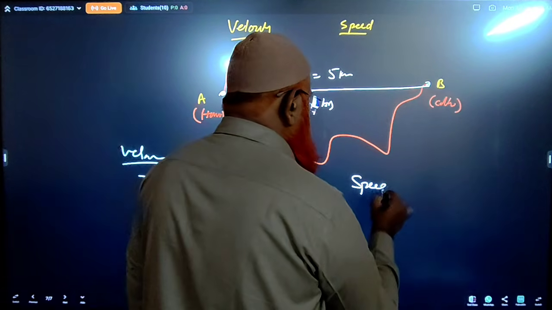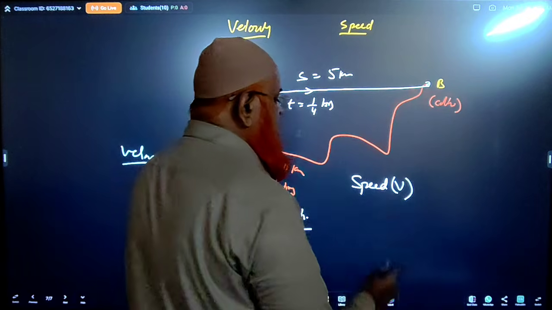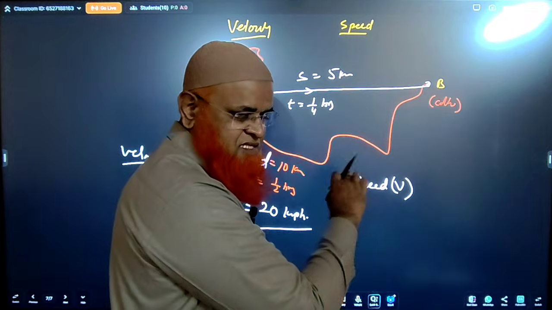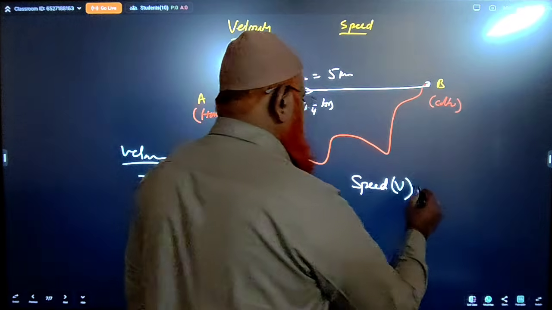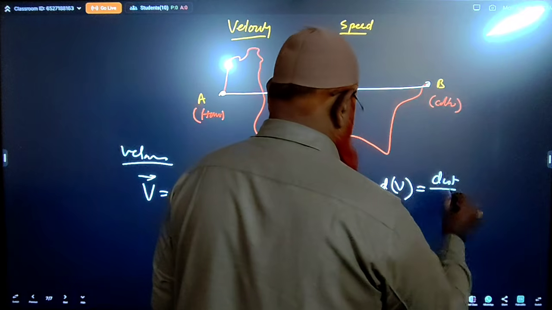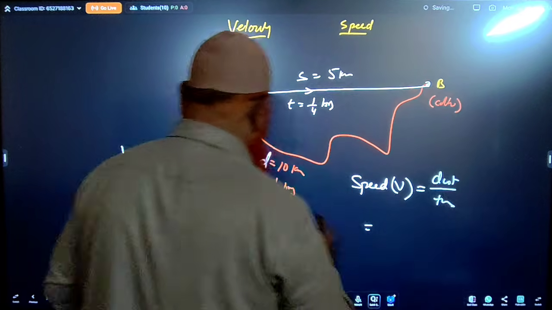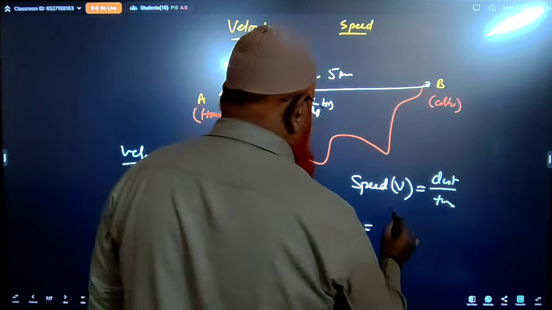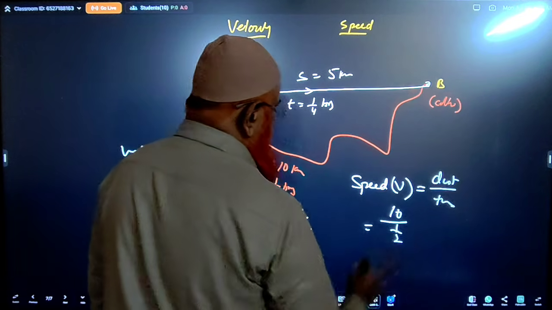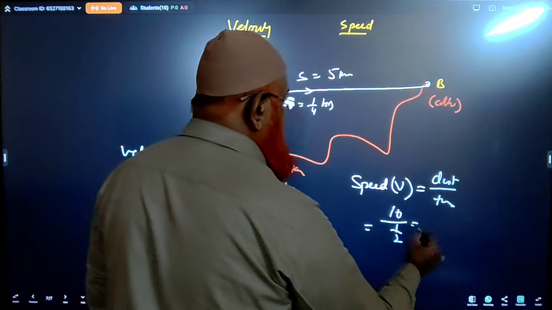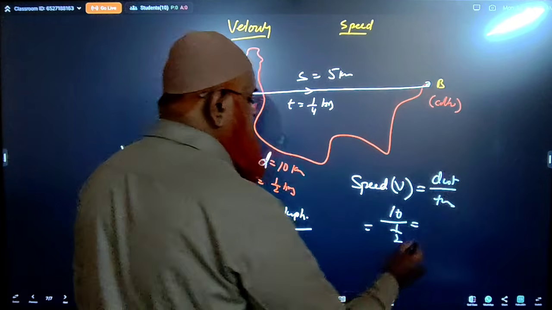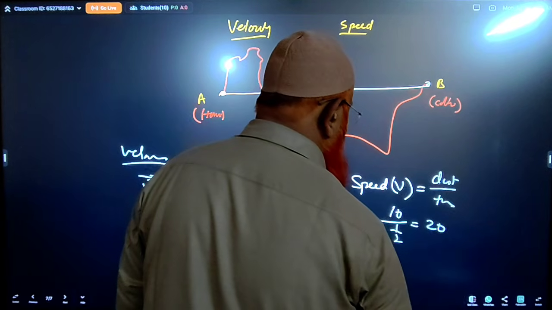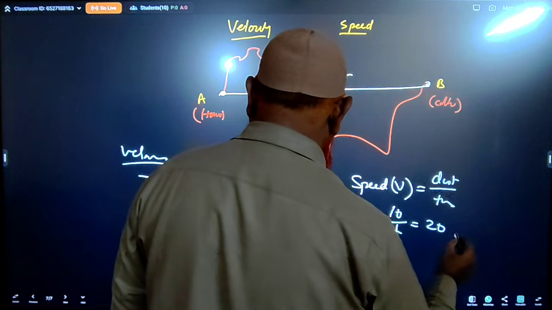Speed is given by letter V only, but there won't be any bar on that. Speed is nothing but distance by time. Distance means this curved path, which is going to be 10 kilometers, and the time is half an hour. So how much is it? 20.